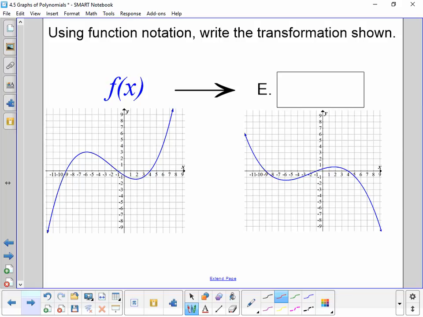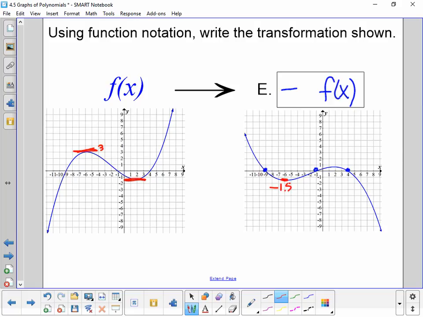Last one is also reflected. I can tell that because of its end behavior. It's the opposite end behavior. And it has those same intercepts, so I know it's just a stretch. It's definitely negative because of the reflection, but it's not nearly as high and low now. This was up at 3 as its relative maximum height, and now it's more like -1.5.